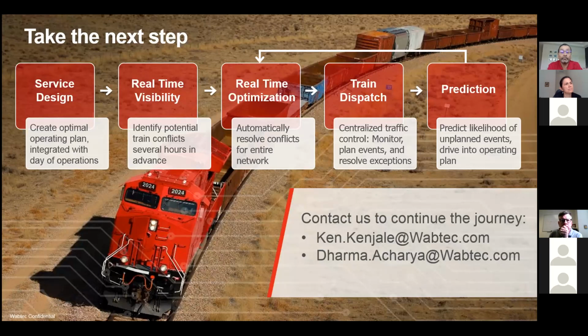Exactly. And to draw a line under Dharma's point, it varies based on what the need is for the customer and for the network. Some networks might be stable enough that it's valuable to have a plan that goes out several weeks.